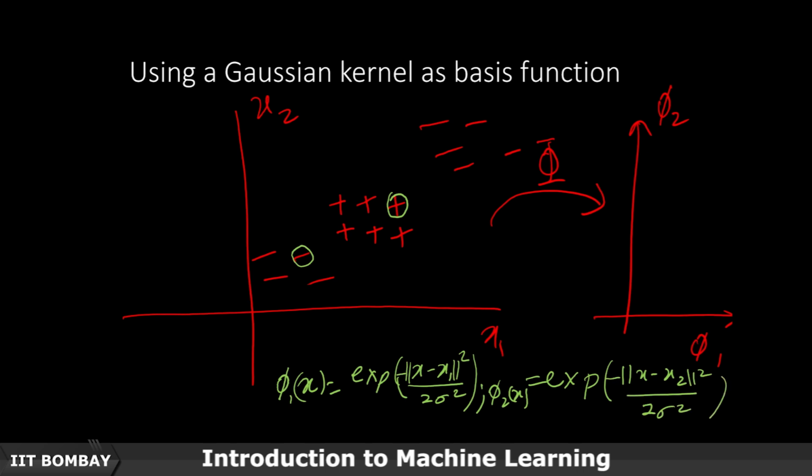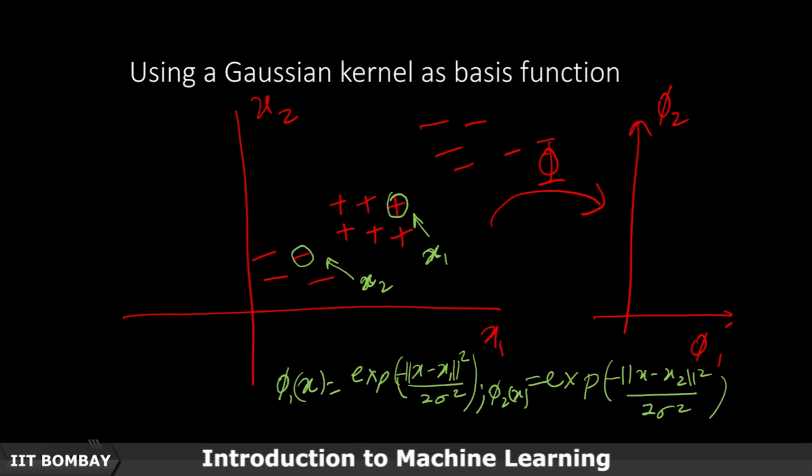Okay, then let's say that sigma is fixed, it's a hyperparameter. Okay, it's a fixed hyperparameter, and x1 and x2 are not these two dimensions x1 and x2. This is not what we are talking about. We are talking about these 2 points. So this point is x1 and this point is x2. Okay, so this is x1 and x2 as a vector x1 and x2, not as a dimension x1 and x2.